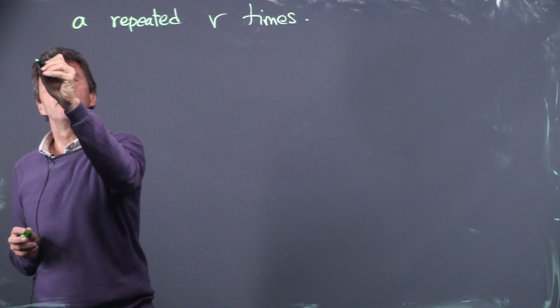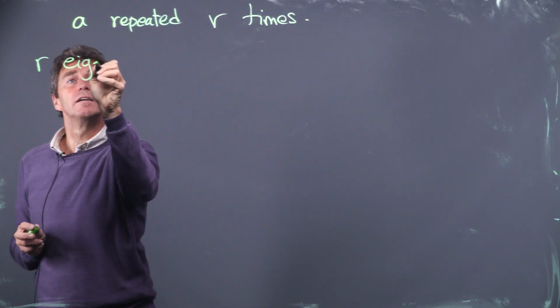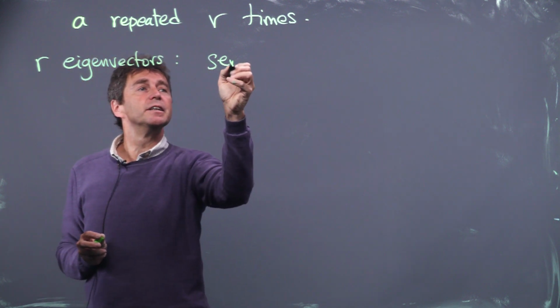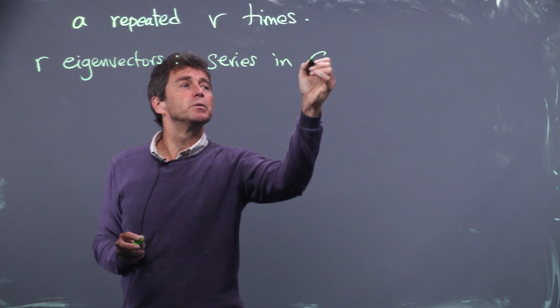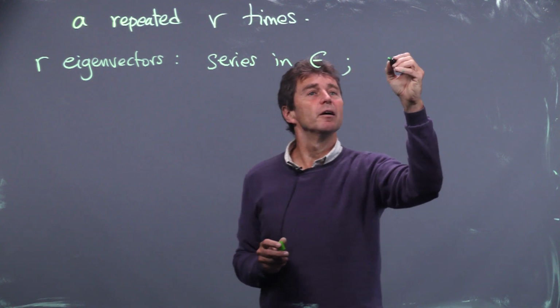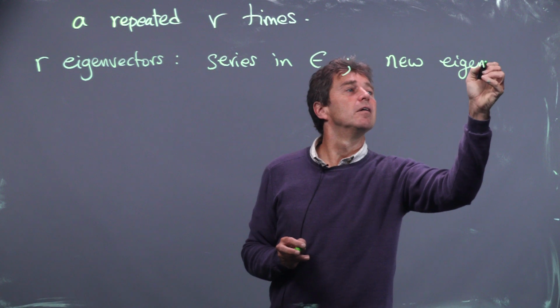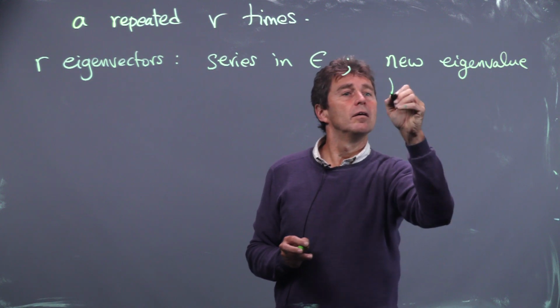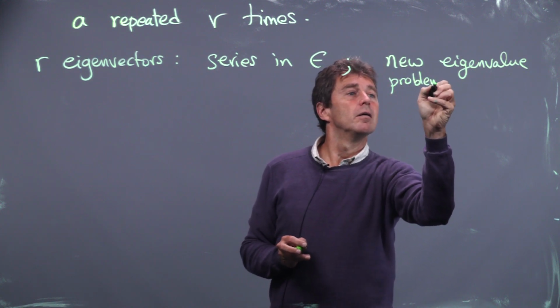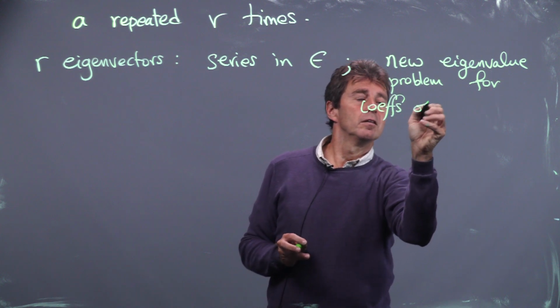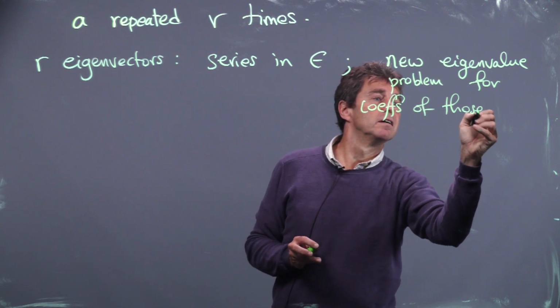If you have R eigenvectors, you need a series in epsilon, and you're going to get a new eigenvalue problem for the coefficients of those eigenvectors.